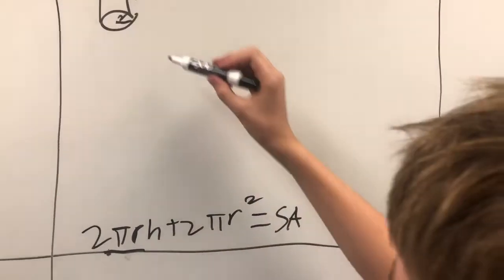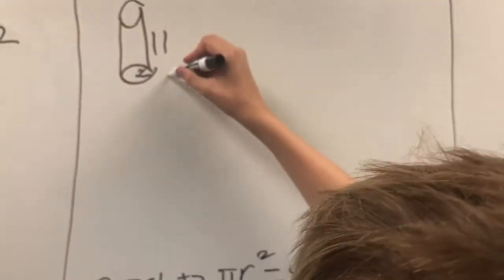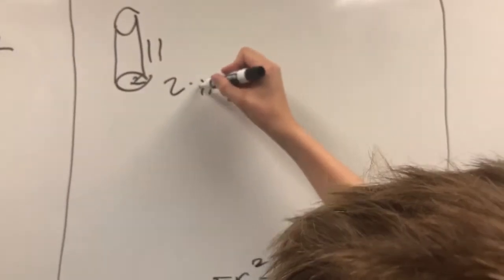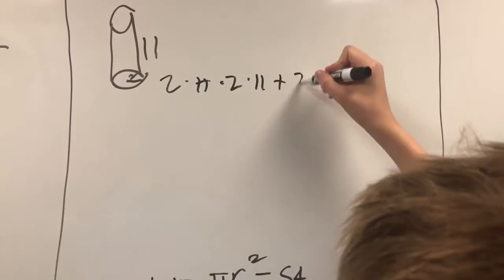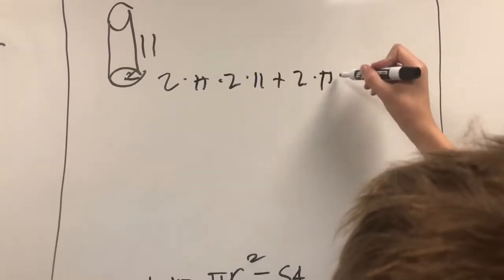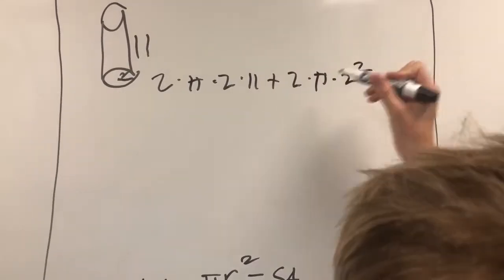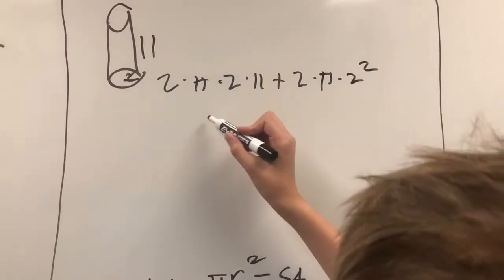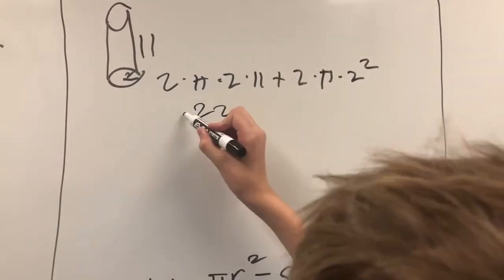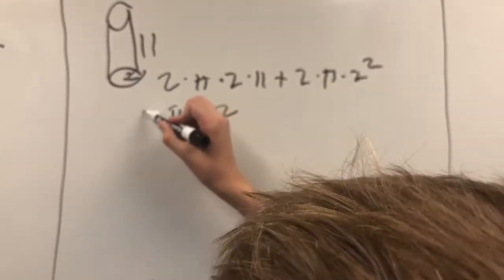So if we plug this in, we get 2 times pi times 2 times 11 plus 2 times pi times 2 squared. If we multiply 2 times 11, we get 22 times pi times 2.